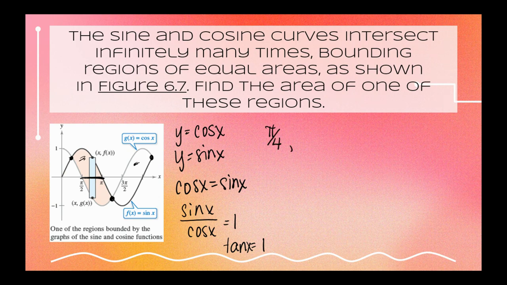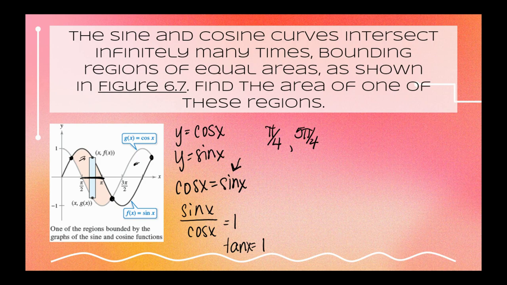Which other quadrant is tangent positive in? The third one. And what's the pi over 4 value in the third one? It's bigger than 1.5. Correct. So at this point, which is where I would have solved, is pi over 4, but then I have to really think about where is the other one where they're both the same sign.